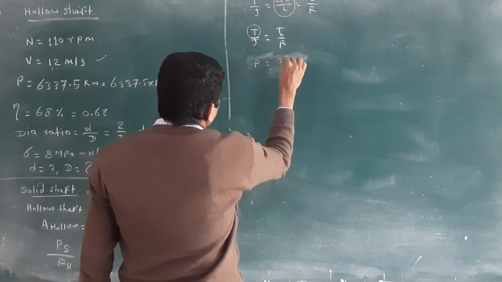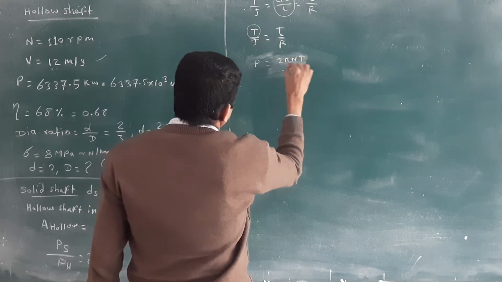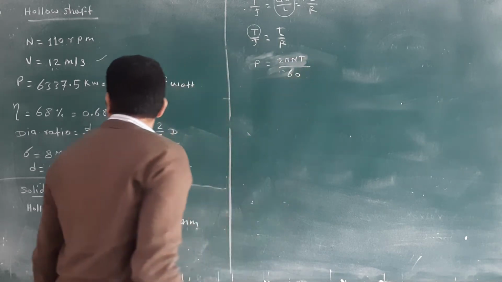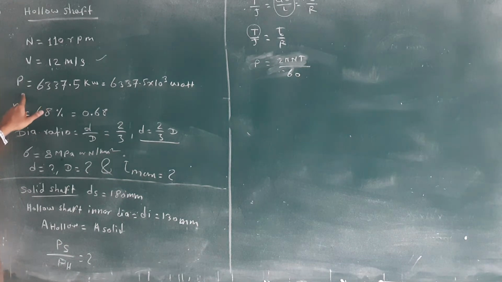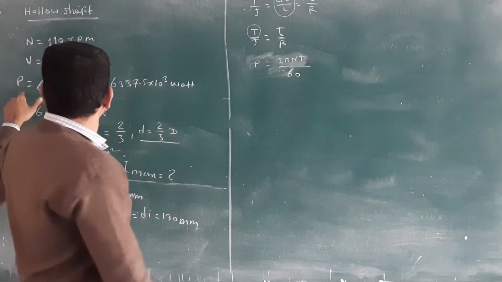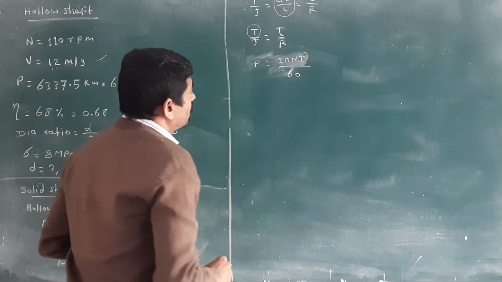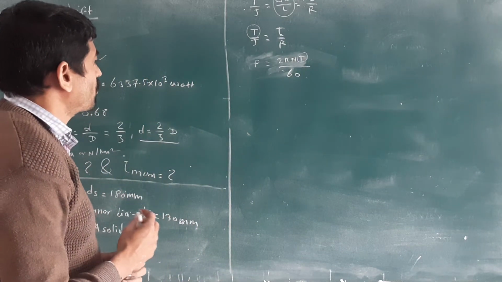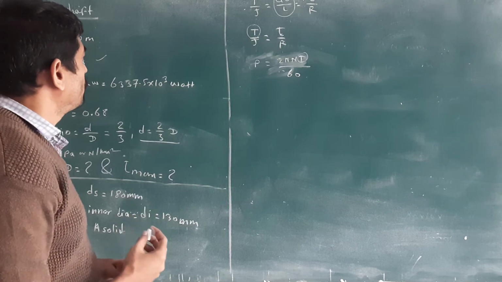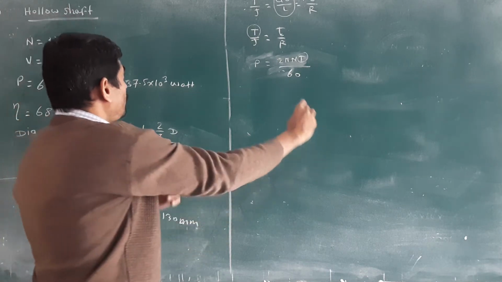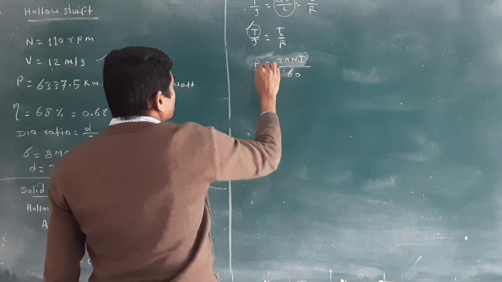T is equal to 2 pi N T divided by 60, because power is given and we know the value of N. Then easily we can calculate the torque for that propeller shaft. Once you have got the torque, that is the first value we get with the help of power.